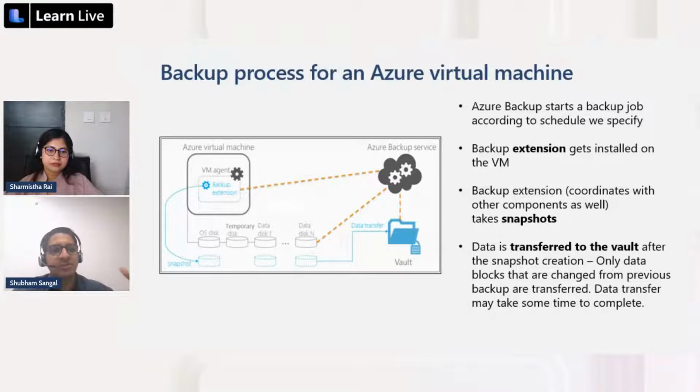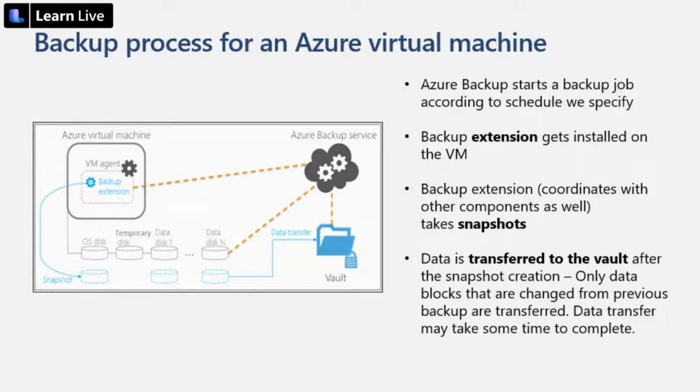That is how the process works, and this is what has been depicted in the diagram on the left side of your screen. After that, the snapshot, as we mentioned, gets transferred to the vault, which makes it a vault-tier recovery point.